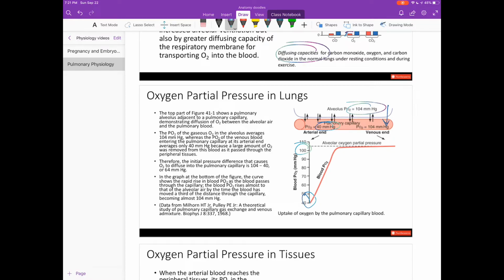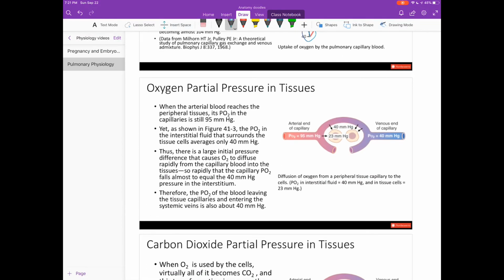It stays at 104 millimeters, and that's because you're constantly breathing air. Now, as that oxygen moves into the body, the partial pressure starts decreasing a little bit, not by much, to 95 millimeters, and that's because it's diffused a little bit here and there through the endothelial membrane and other reasons.